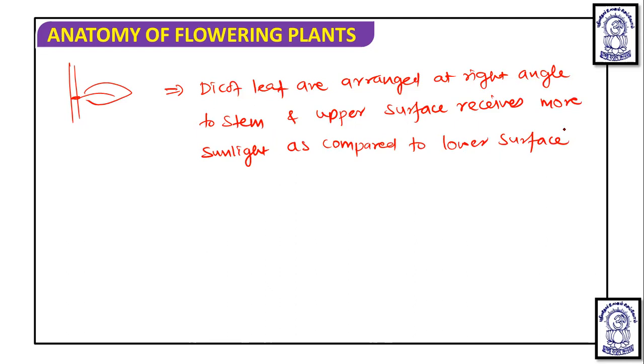And so there is a difference between the internal structure of upper and lower surfaces. Okay, so this is the thing about the dicot leaf. Now after this, we are going to talk about the monocot leaf anatomy.